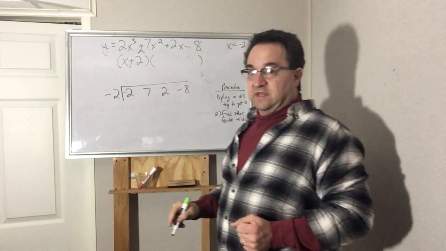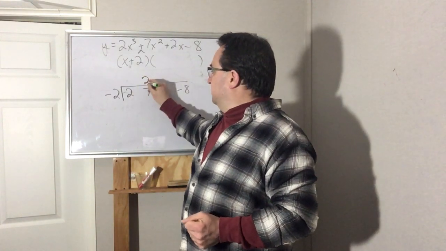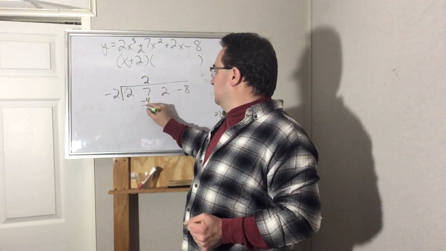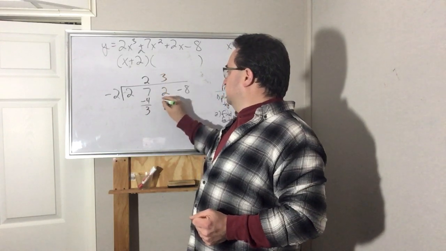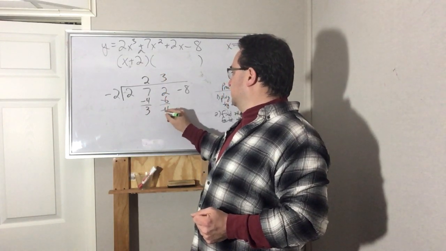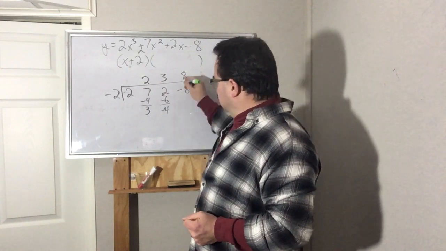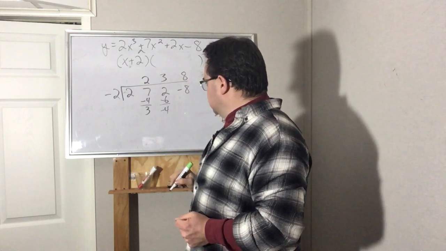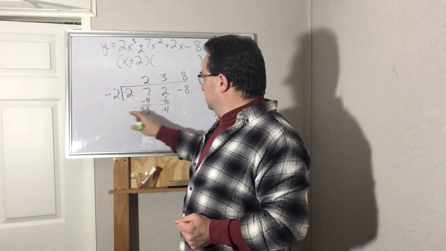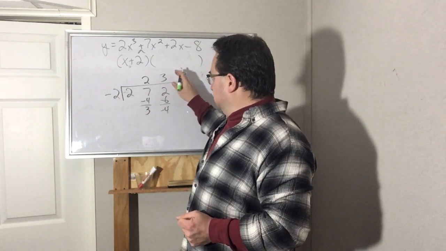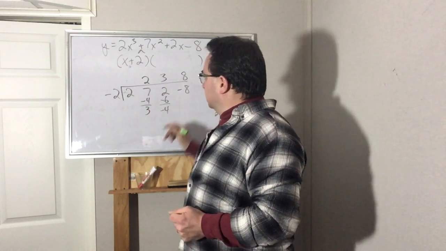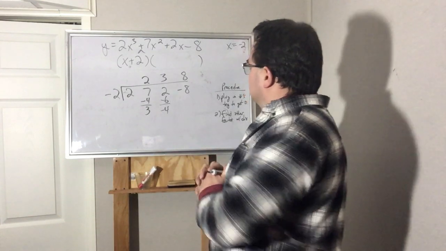And I'm going to do this synthetically. Pull this up, multiply. Pull this up, multiply. Pull this up. Oh, something's off here. Give me a second, I gotta track this down.